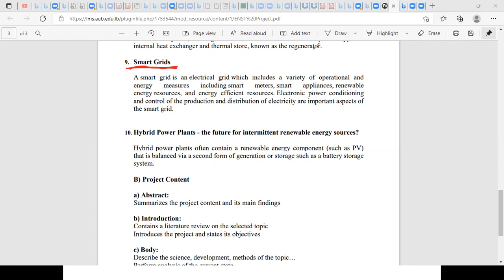Now, another topic that can be worked on is hybrid power plants. Are hybrid power plants the future for intermittent renewable energy resources?